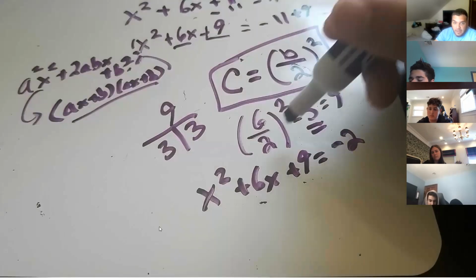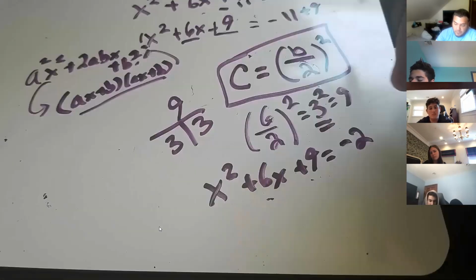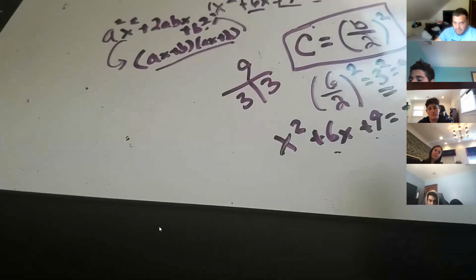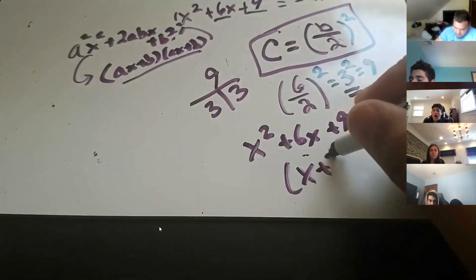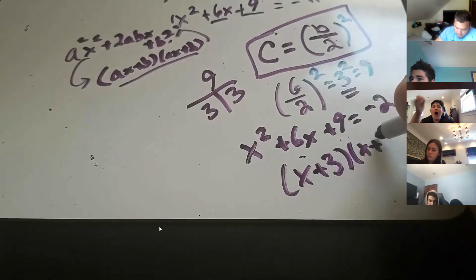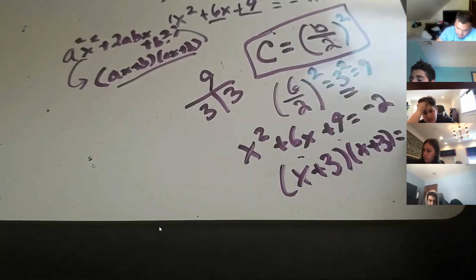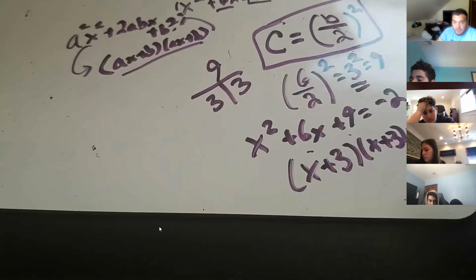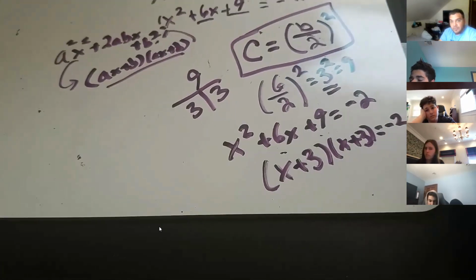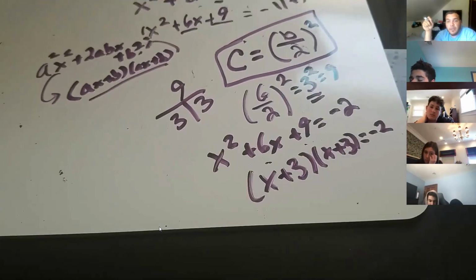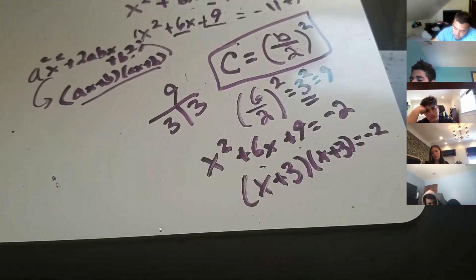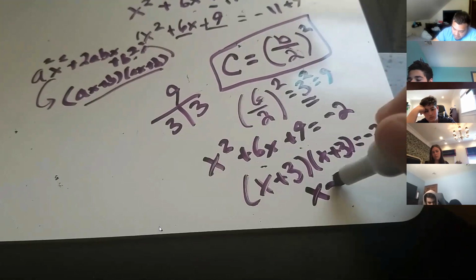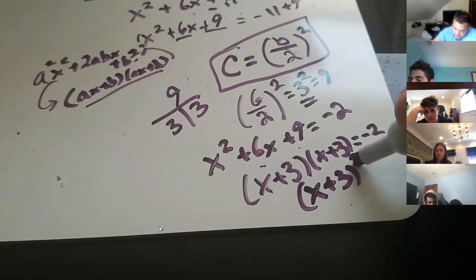Because this becomes 3 and 3, I could rewrite this part as x plus 3, x plus 3 equals negative 2. If this is x plus 3 and x plus 3, they're exactly the same thing, so when you multiply something that's exactly the same thing, you could rewrite it as x plus 3 squared.